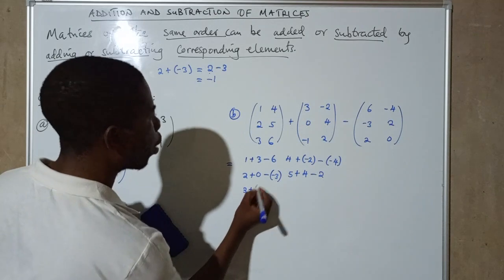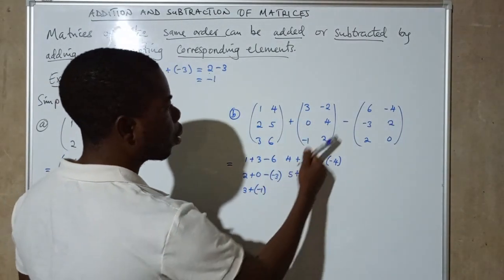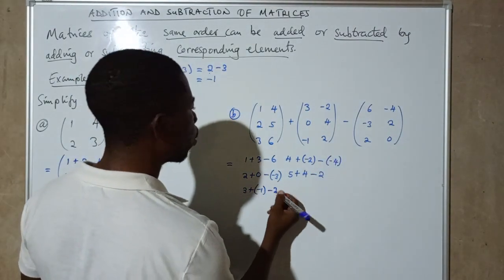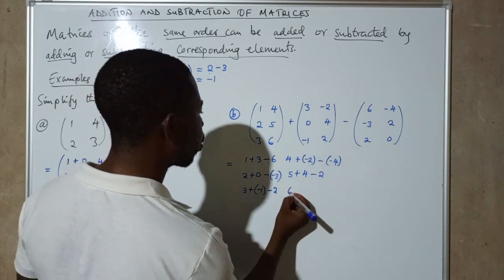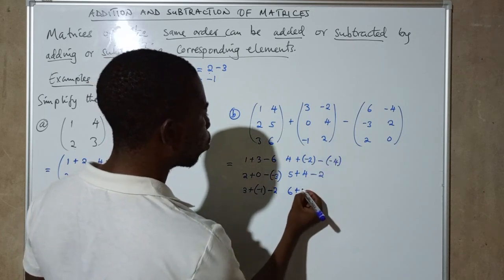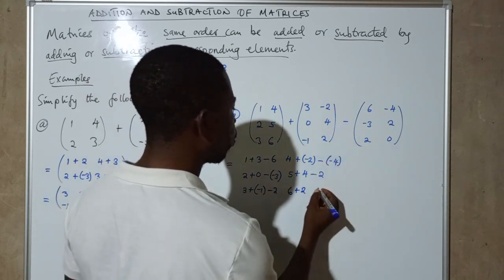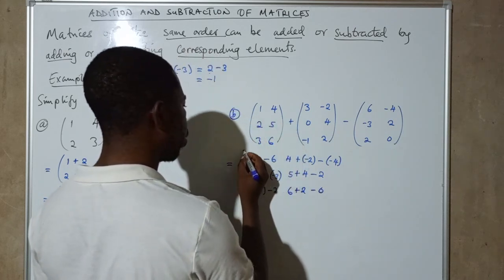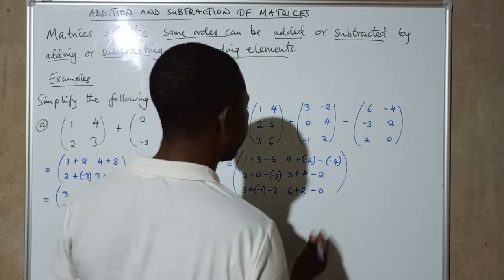So say 3 plus this one, then this one is negative 1, then minus 2 here. Then this one corresponds to this, and that is 6 plus 2 here, then minus 0, then we say minus this is 0 here. Then we can do like this. So this is 0, okay?